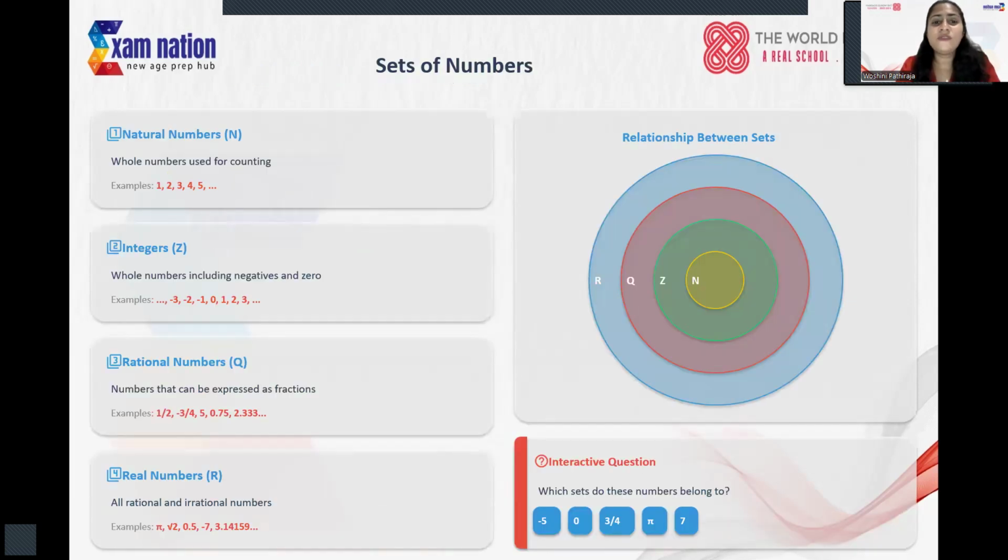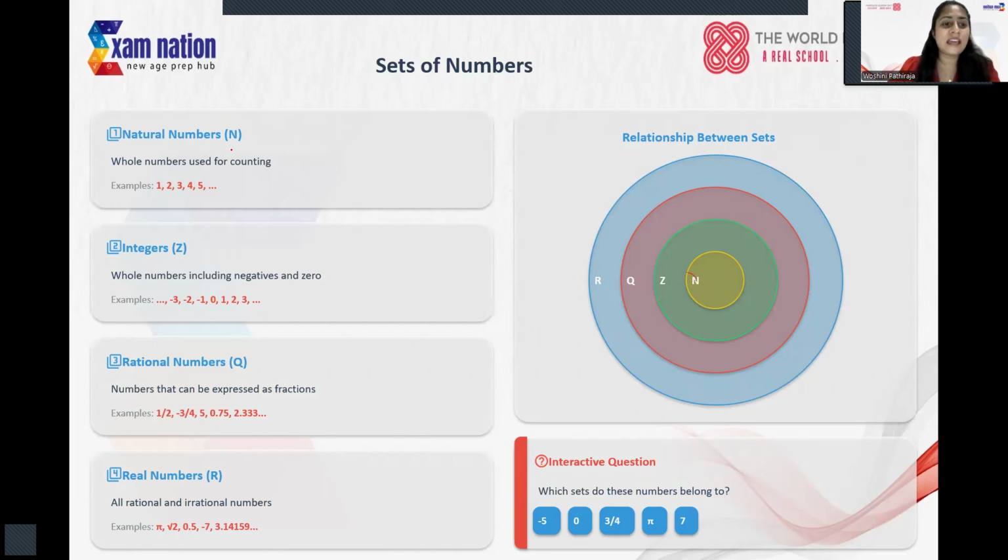Okay, first of all, we'll see what the sets of numbers are. If you look at this, we can see the relationship between sets. The small set inside has the letter capital N. Capital N represents the natural numbers.